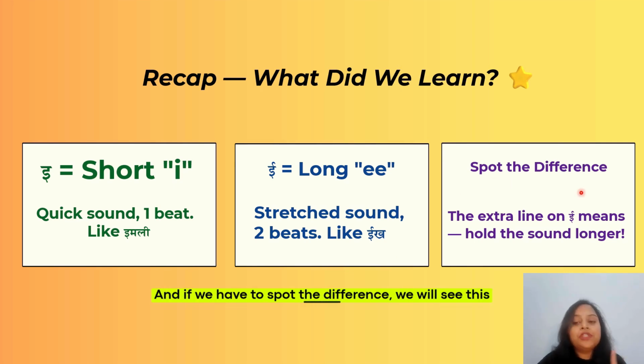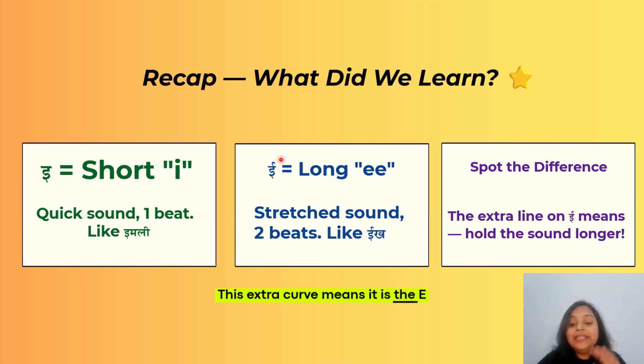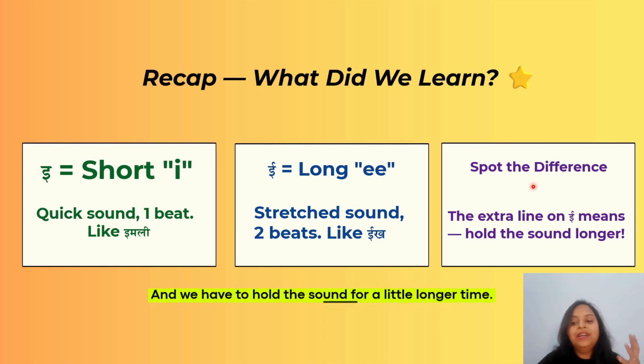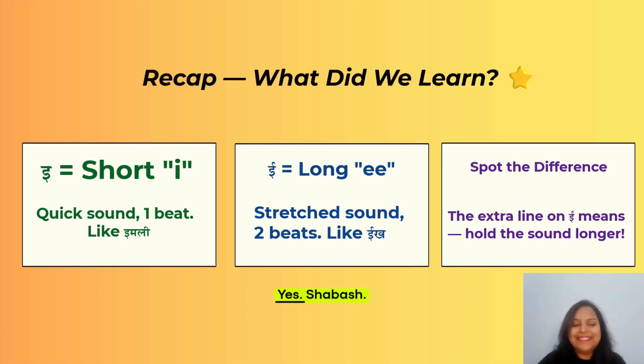And if we have to spot the difference, we will see this extra line on E means hold the sound longer. This extra curve means it is the E, fourth vowel, and we have to hold the sound for a little longer time.